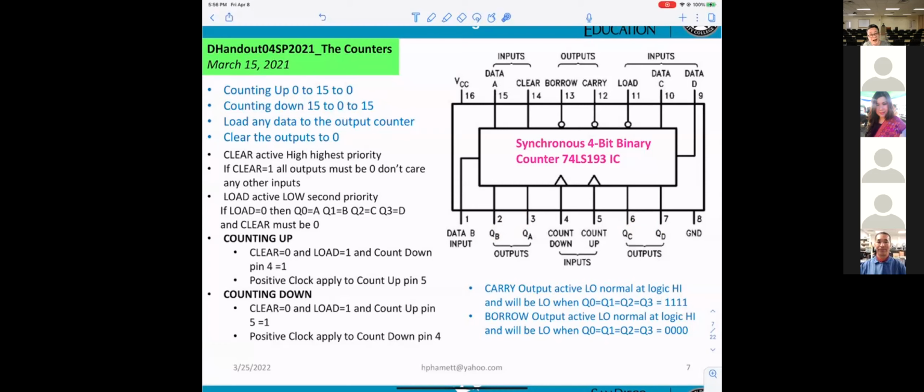Normally, that will be a higher priority. They're telling you, if you set pin 14 here at logic 1, then the output will be 0, 0, 0, 0.